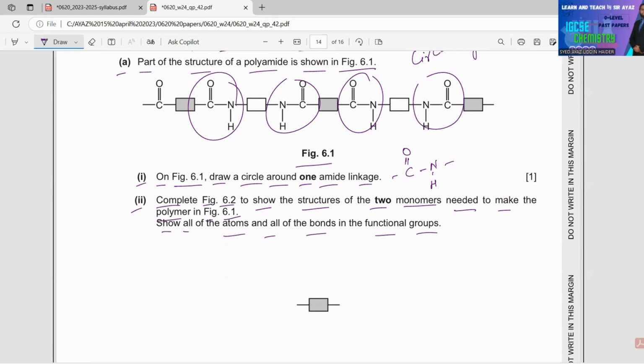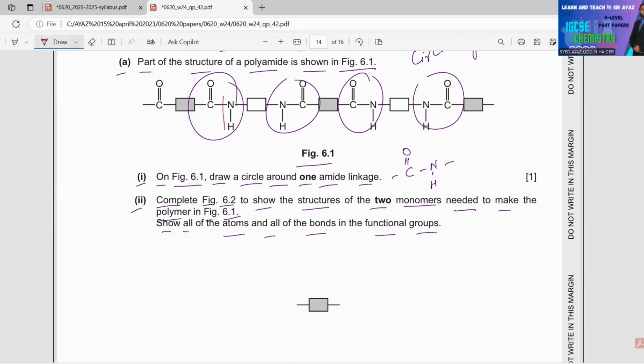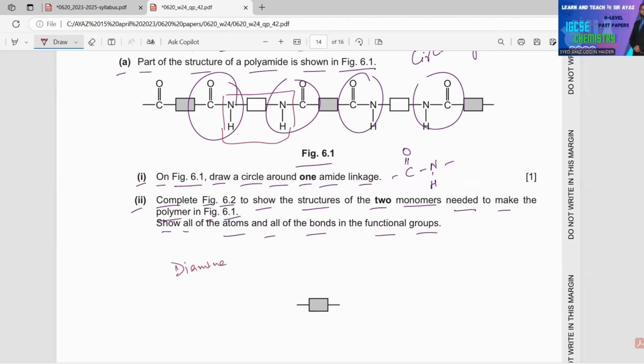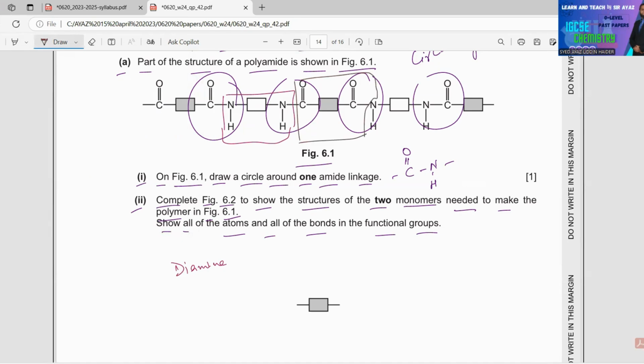So if you look at this carefully, it's not that difficult. The 2 monomers here must be, one must be diamine and the other must be dicarboxylic acid.